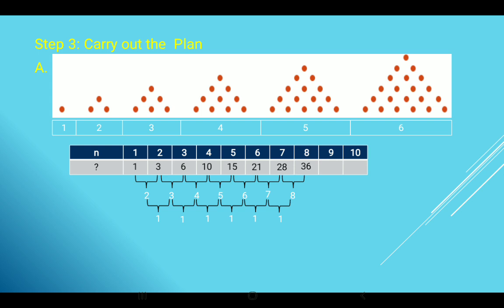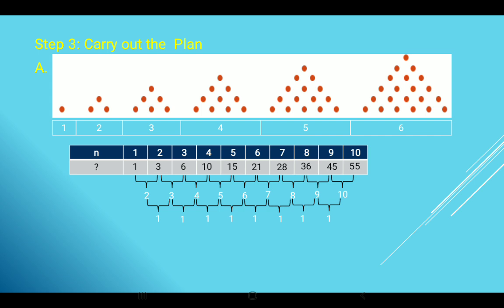So, we have 36 dots in the 8th term. Next, 8 plus 1 is equal to 9, and 9 plus 36 is equal to 45. So, we have 45 dots in the 9th triangular number. Next, 9 plus 1 is equal to 10, and 10 plus 45 is equal to 55. So, we have 55 dots in the 10th triangular number.